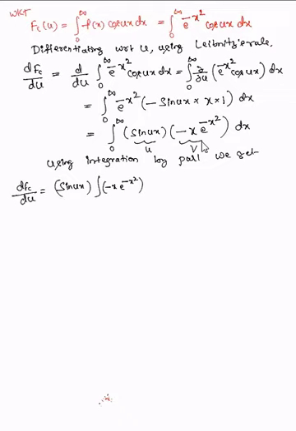This is between the limits 0 to infinity. So it is u into integral v minus integral 0 to infinity. Differentiation of u means d by dx of u. U means sin ux.